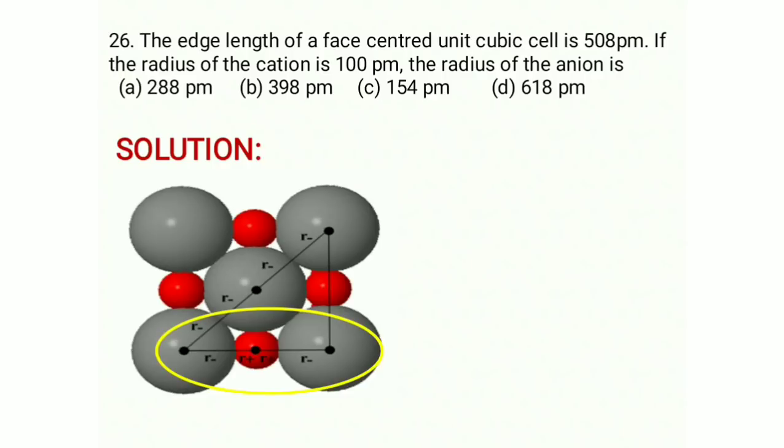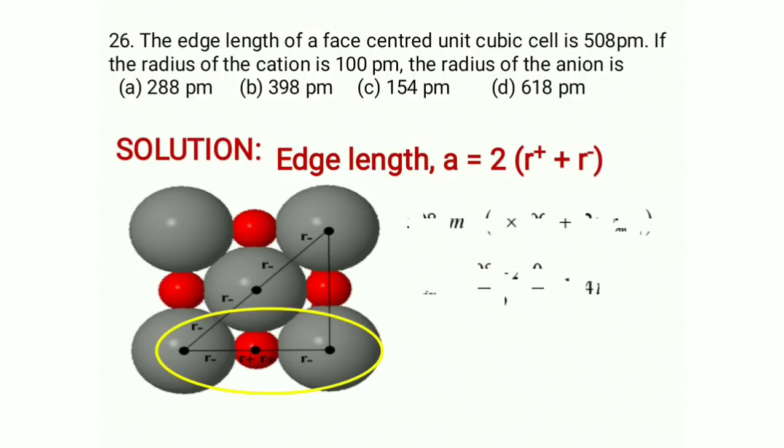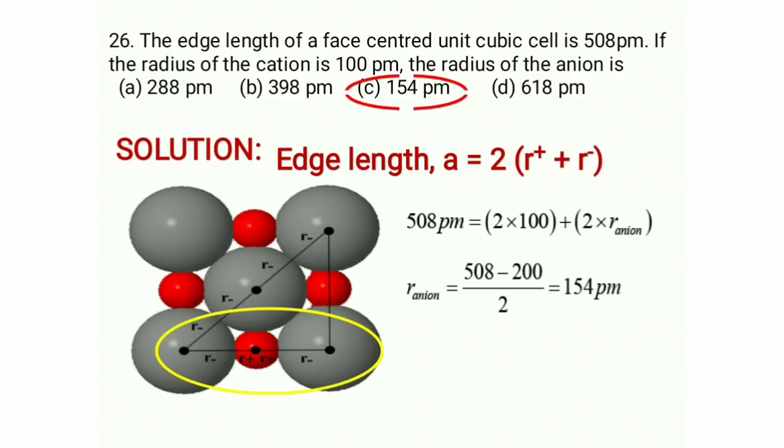If you convert it into a formula, it becomes a is equal to 2 into R plus plus R minus, or you can also write it as 2R plus plus 2R minus. Then a is given, R plus is given, substitute that, and you are going to get R anion. So the answer is 154 picometer. Very important concept for NEET also, remember this point. Then C is the answer, 154.